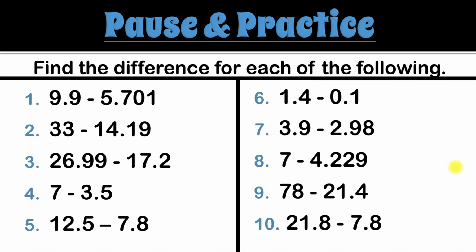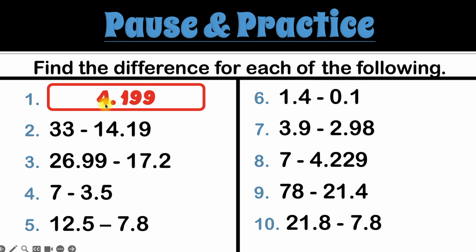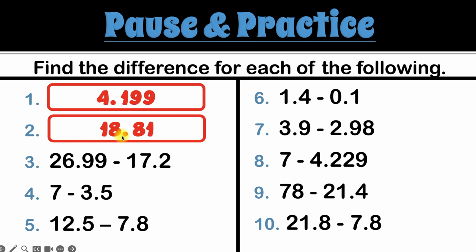So let's take a look at our answers. Number 1 is 4.199, properly read as 4 and 199 thousandths. Number 2, 18.81, properly read as 18 and 81 hundredths.